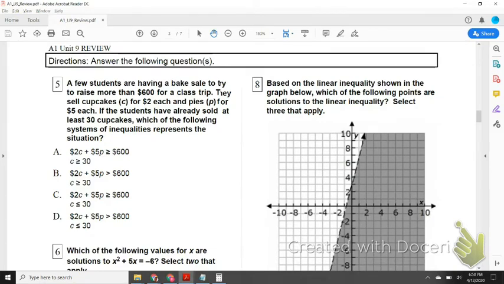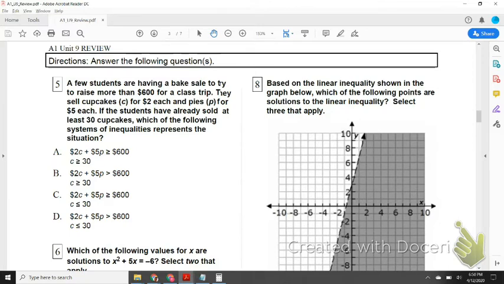So this one, a little bit tricky. If you look at all the possible answers, they look very similar, right? The only differences are the inequalities. We know that it's going to be 2C, we're going to have a 5P, 600, we're going to have a C, and a 30. So the question is, which inequalities are we dealing with exactly?